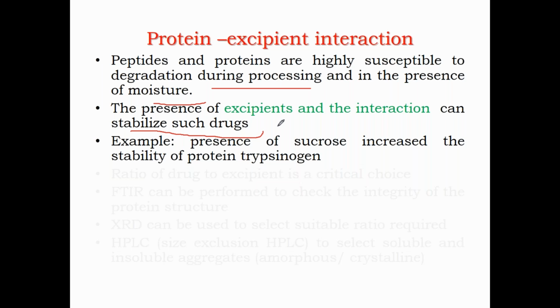It increased the stability of the protein trypsinogen. It's not a common excipient that you can add for all protein drug molecules. One example is the trypsinogen protein, whose stability was enhanced by the presence of sucrose, which is an excipient. And this protection of trypsinogen in the presence of sucrose is mainly because of interaction only, but it's a positive interaction. So these are some of the examples of chemical interaction I just highlighted.